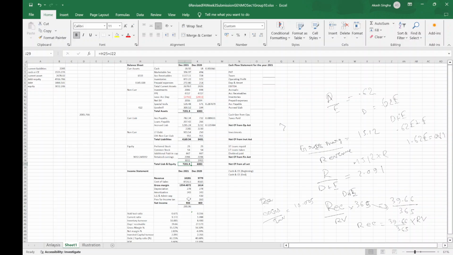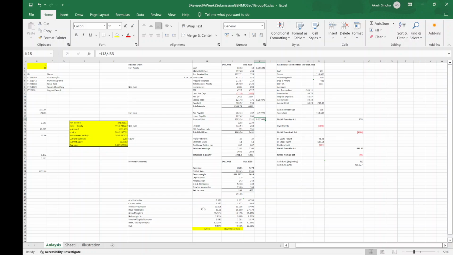SG&A, admin expense and provision for income tax. How we have calculated it: provision for income tax, we have calculated using the tax rate, okay, last year's tax rate, given the income tax and the income before tax.